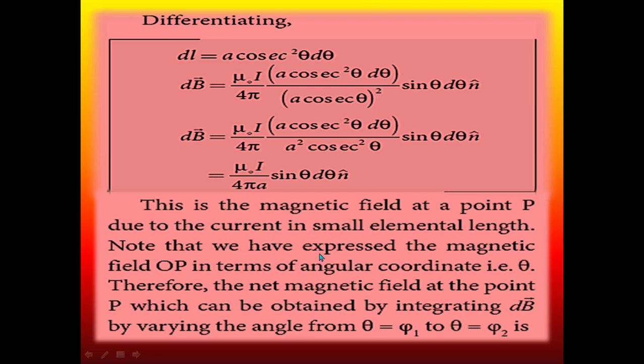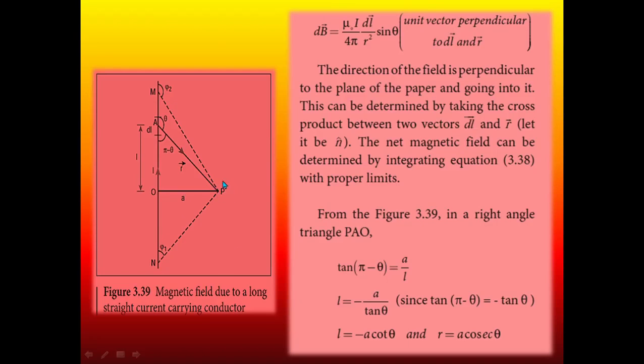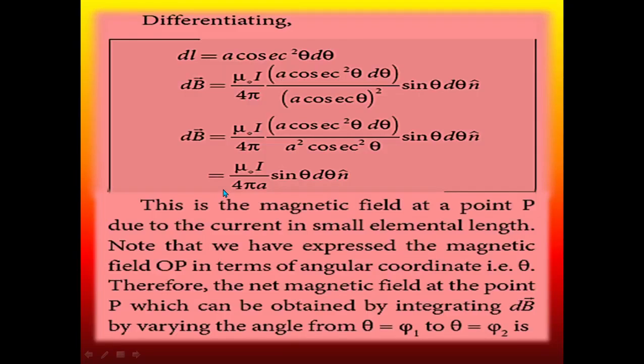Note that we have expressed the magnetic field in terms of the angular coordinate, that is theta. Therefore, the net magnetic field at point P can be obtained by integrating dB vector by varying the angle from theta equal to phi 1 to theta equal to phi 2.